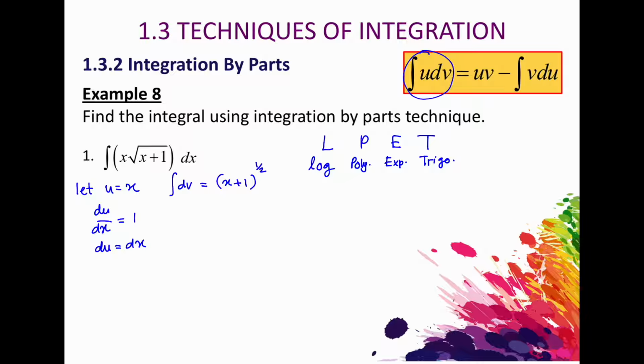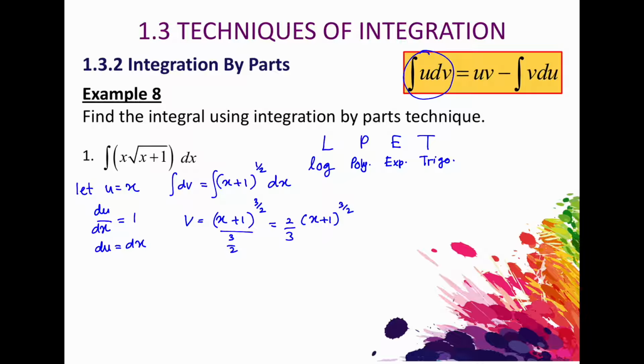So if we integrate dv, on the right hand side we integrate with respect to dx, so on the left hand side we get v equal to (x+1) to the power of 3/2 over 3/2, which gives us 2/3 times (x+1) to the power of 3/2.